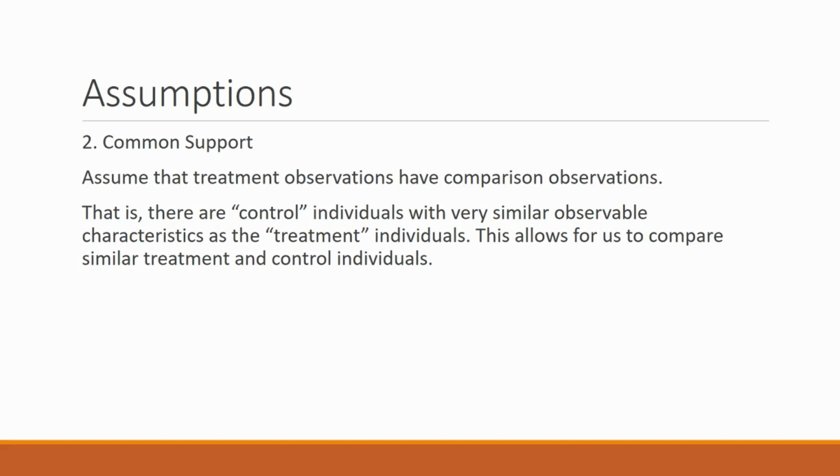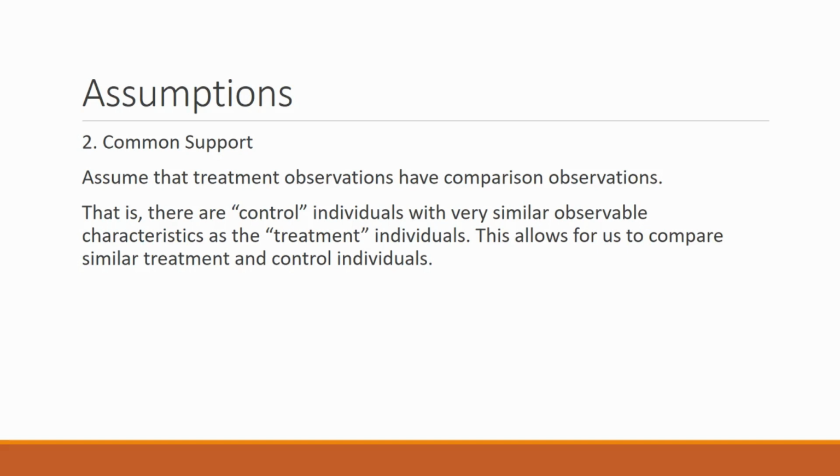That means if we take the individuals in our treatment group, we need to be able to find individuals in the control group that have very similar observable characteristics to the people in our treatment group. Or we could say, we're going to generate propensity scores for everyone in the data set, and we need to find people that have very similar propensity scores between the treatment group and the control group.